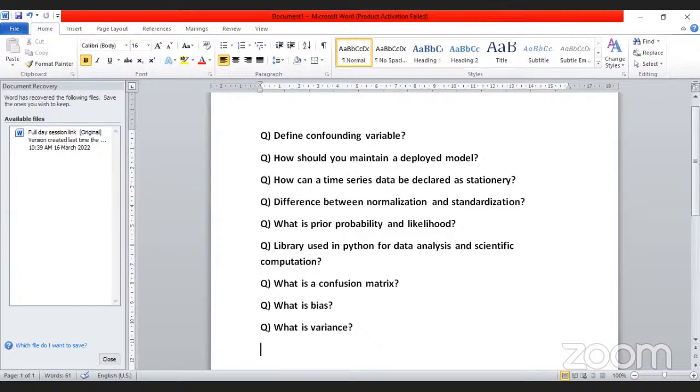So did you understand what bias is and what variance is? See, variance generally leads to poor accuracy in a test data set.